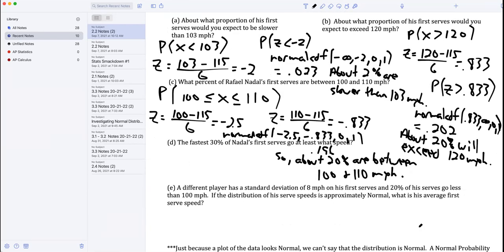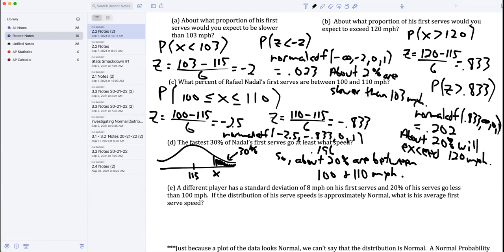Okay, so let me do one more thing here, and then we'll finish for the day. This time we're given a percent and working backward.